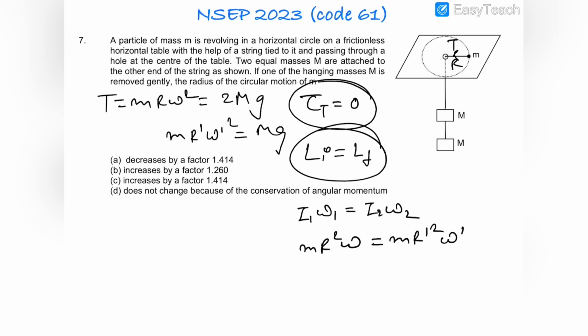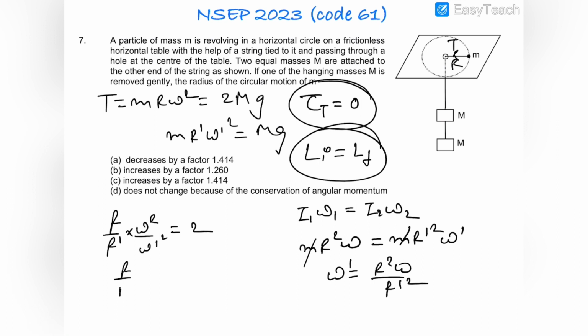So we have to find out the value of the new radius. We can just replace the value of omega dash as r square omega by r dash square, and we can substitute this value here. So dividing these two, r upon r dash into omega square by omega dash square is equal to 2, and omega square upon omega dash square will be equal to r dash to the power 4 upon r to the power 4.